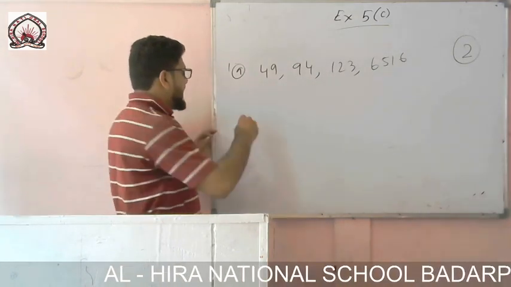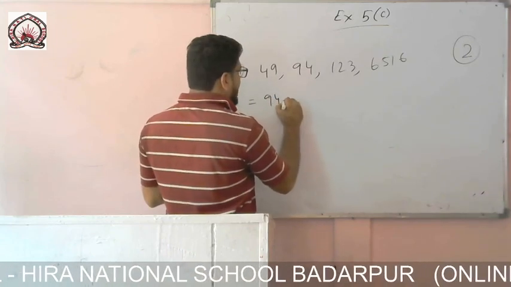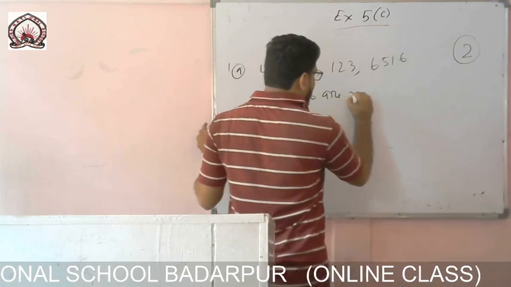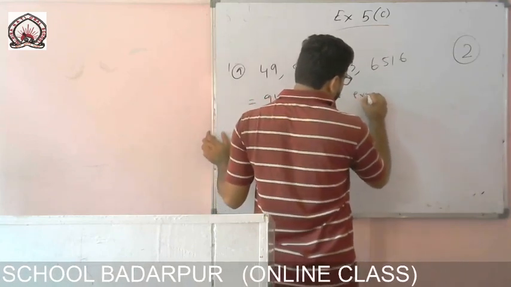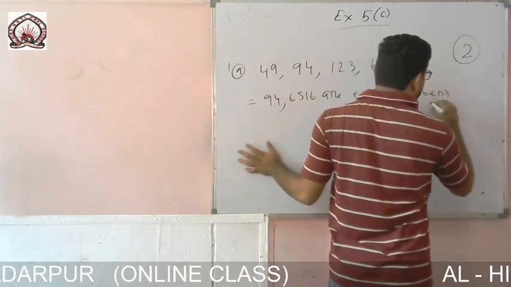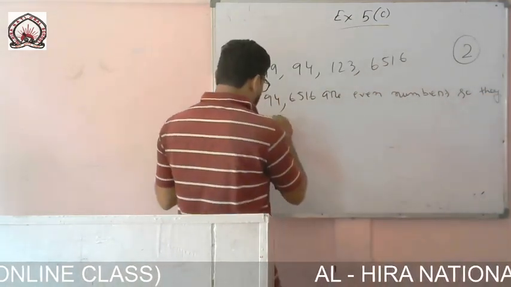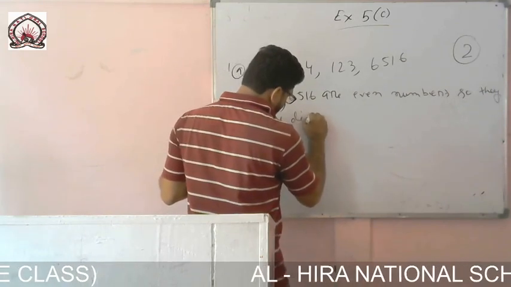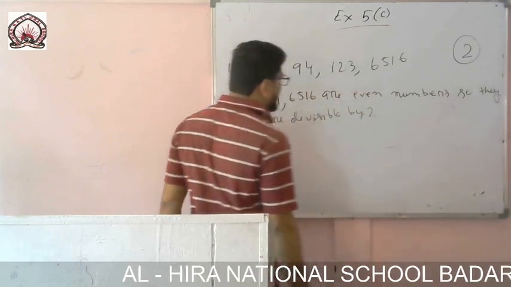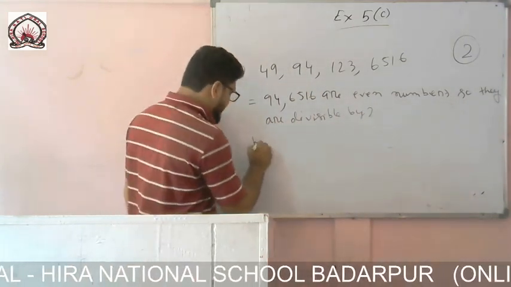So the right answer: 94 and 6156 are even numbers, so they are divisible by 2. Okay, now come to question number B.